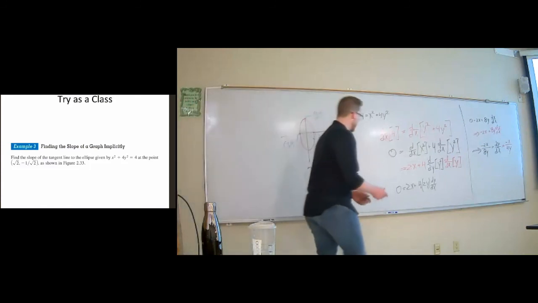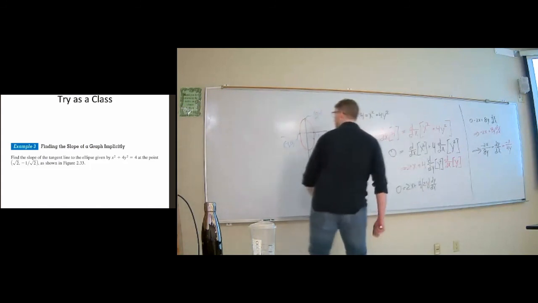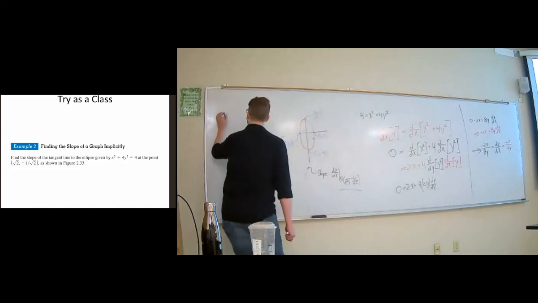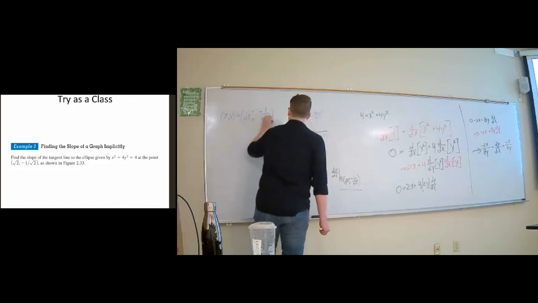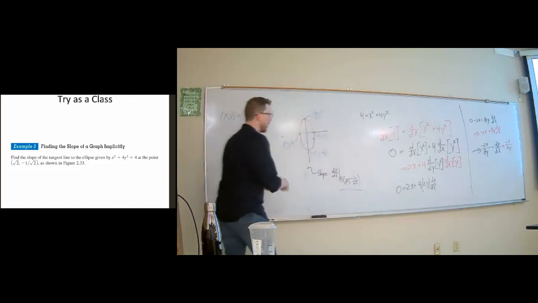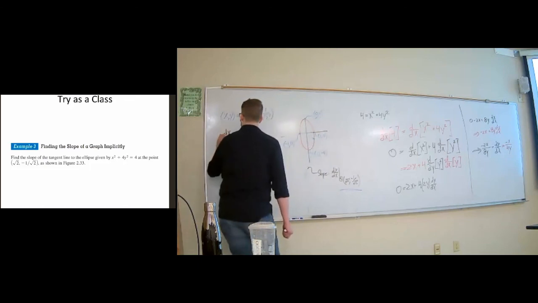That was this point right here. So we know x, y is equal to the square root of 2, comma, negative 1 over square root of 2. We know dy/dx is equal to negative x over 4y.